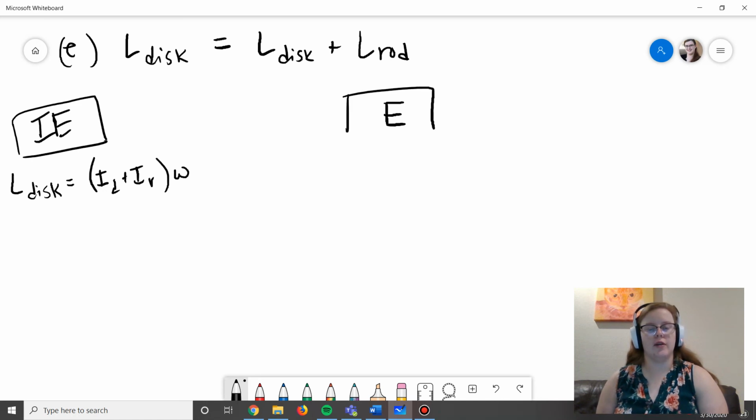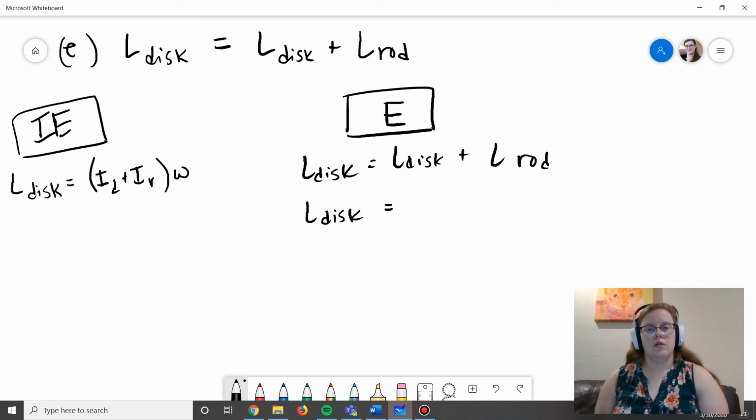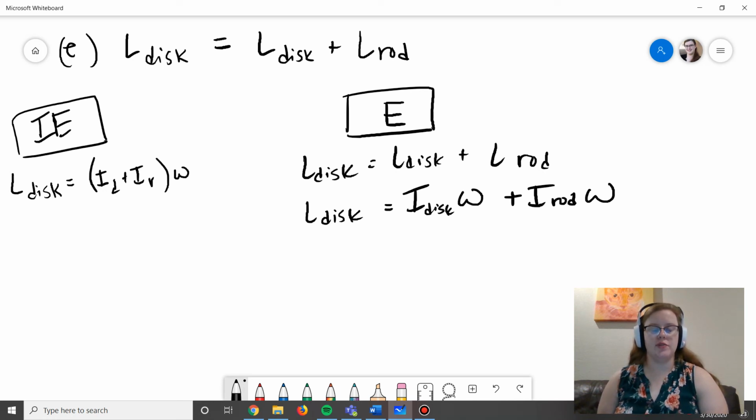And for an elastic one, it's the same thing. But now we have two separate angular velocities here.